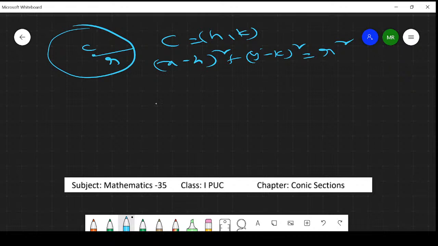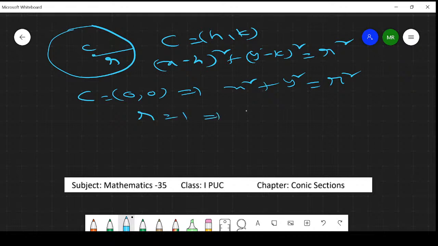Remember that. Suppose the center is 0, 0. Then the equation becomes x square plus y square is equal to r square, where r is the radius. When r equal to 1, that is called a unit circle, length is 1 unit.